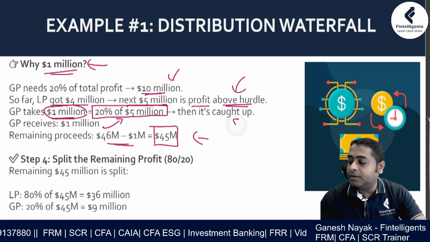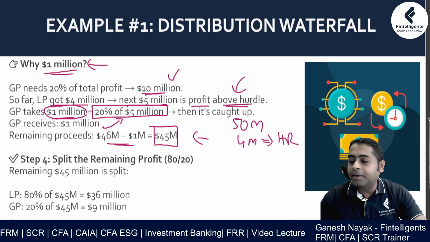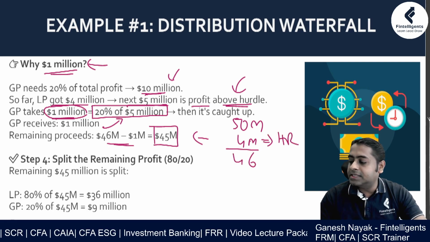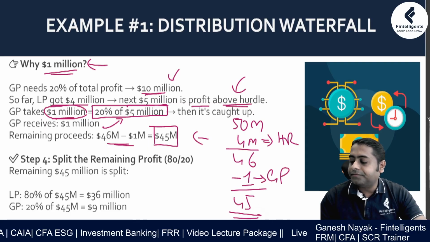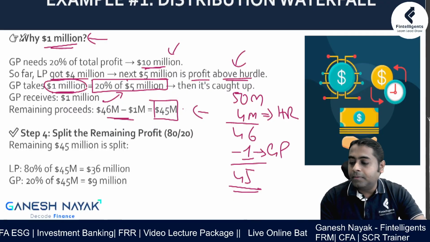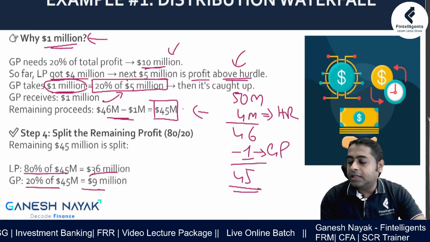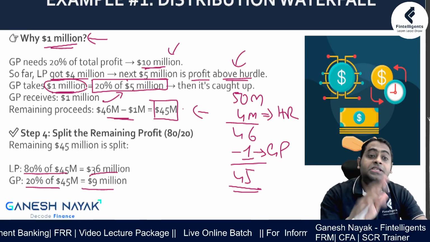45. So initially the profit was 50 million, $4 million is the hurdle rate that has been paid. You are left with 46, then you have made $1 million to GP, then you are left with 45. Correct? Now from this 45, you are splitting it again, 80-20. Now think about this. How much has the GP made?